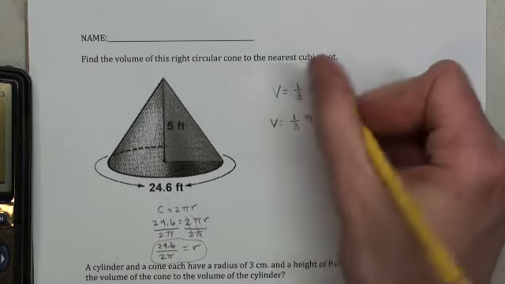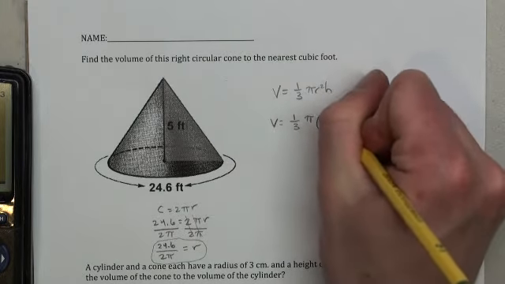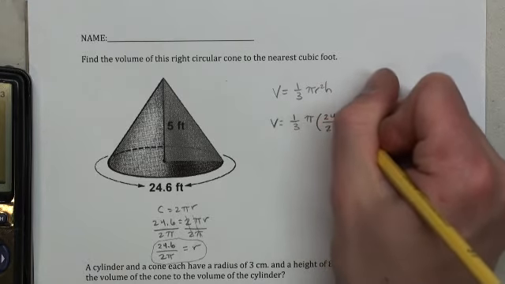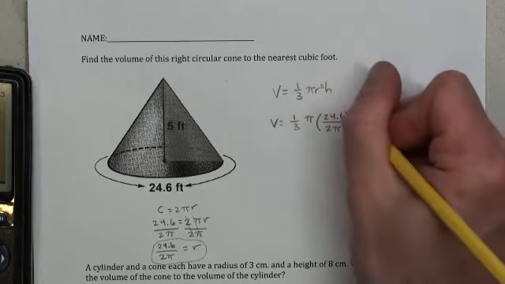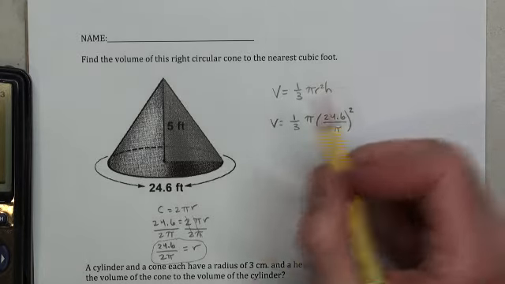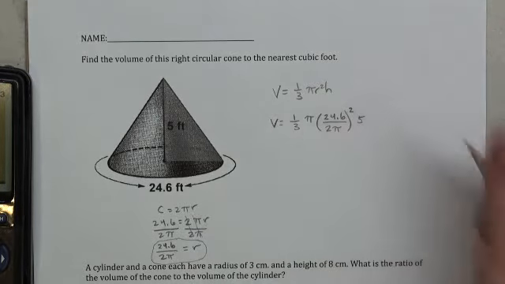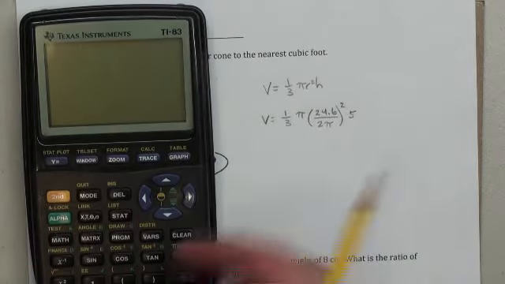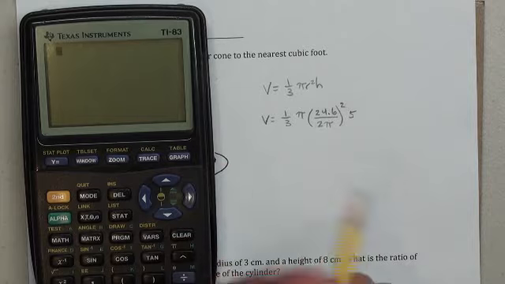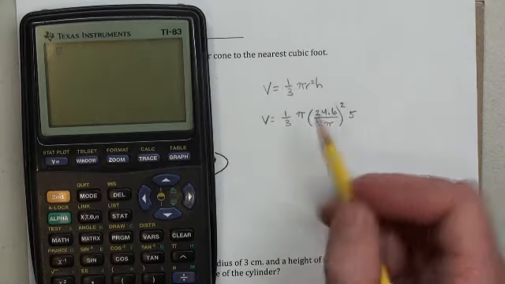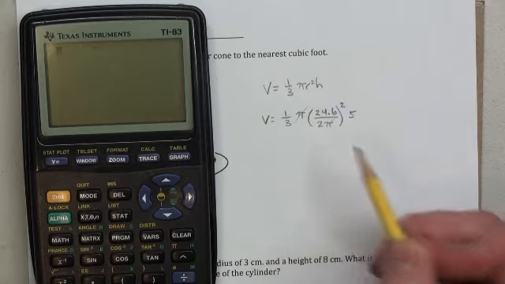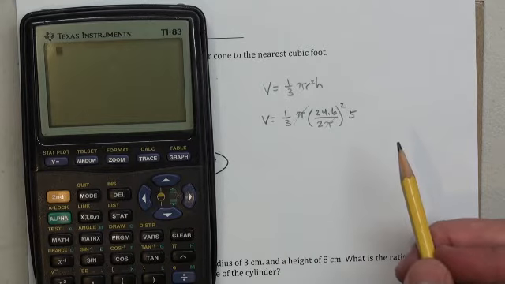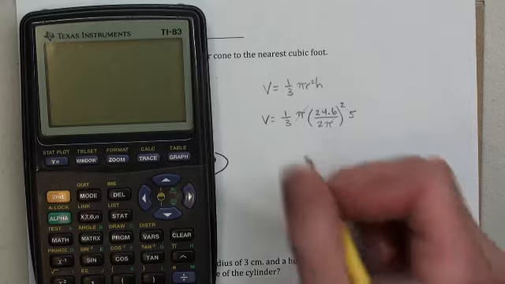So what we have here is 24.6 divided by 2 pi, squared, times h, which is 5. What's nice about this is that the 2 pi's are going to cancel out. We have one up here and one down below, so those cancel. Let's start to simplify this.